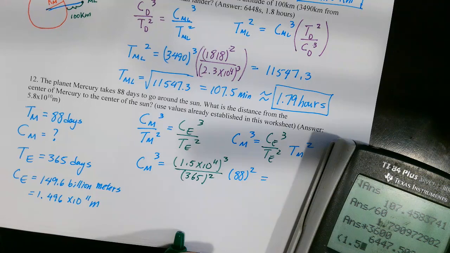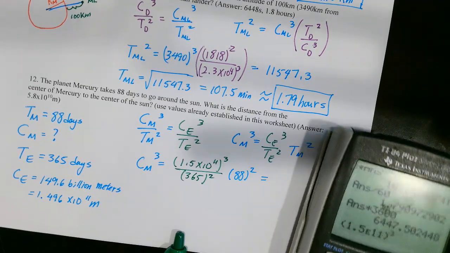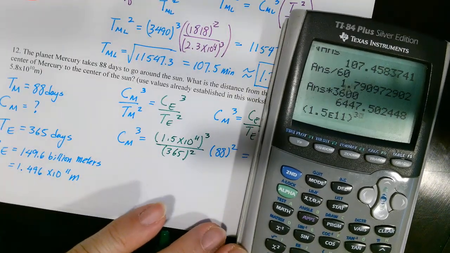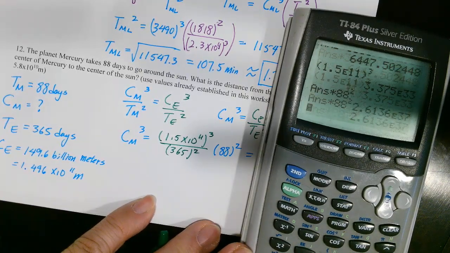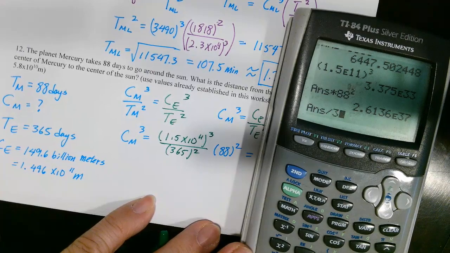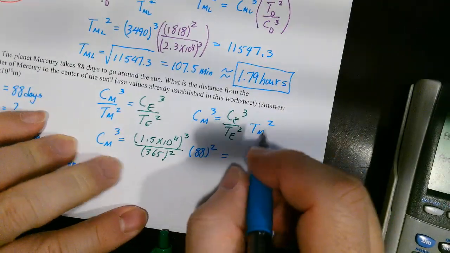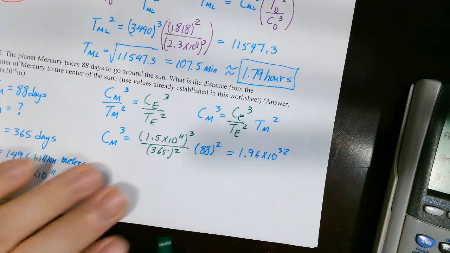So 1.5 EE 11 close parentheses cubed, right? That's important. Times that by 88 squared. Divide that by 365 squared. So I get something like 1.96 times 10 to the 32nd.